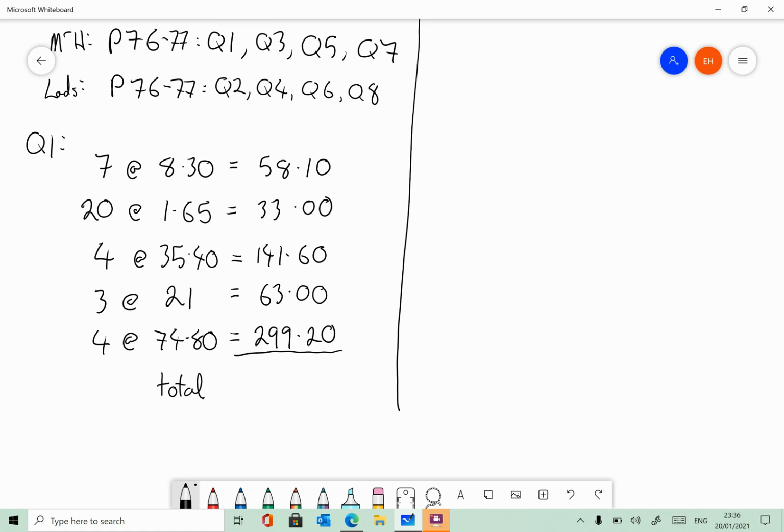So we've spent this amount of money, and this amount, and this amount, so we should add them up to find the total amount of money we spent. That's going to be 58.10 plus 33 plus 141.60 plus 63 plus 299.20 equals 594.9.